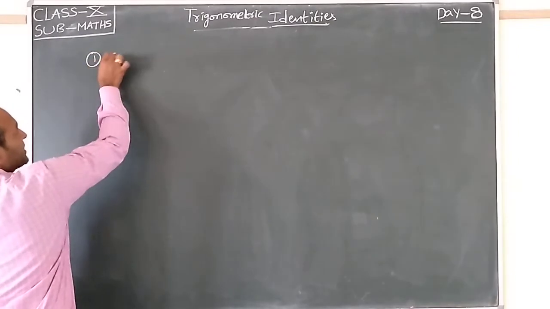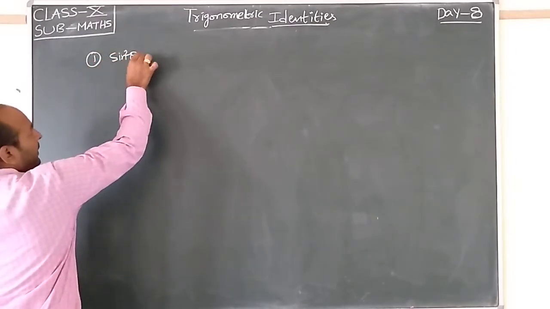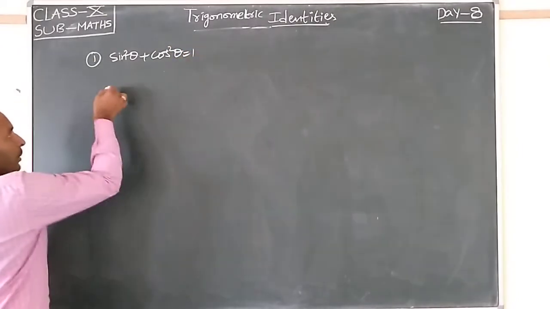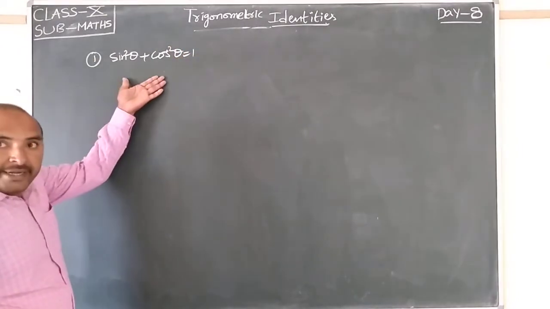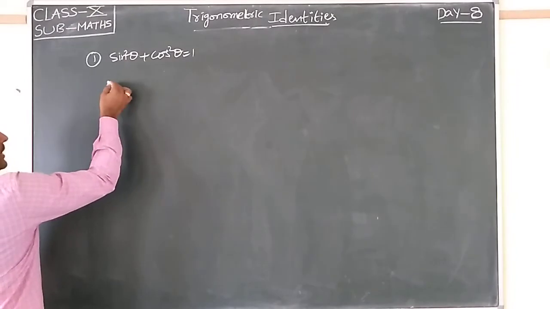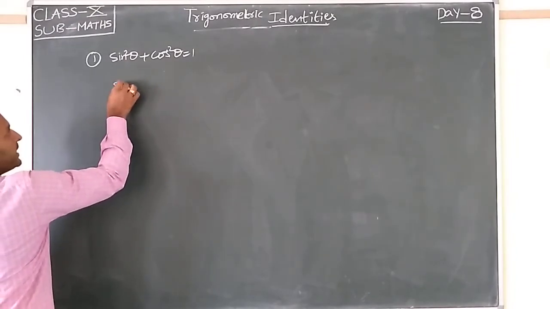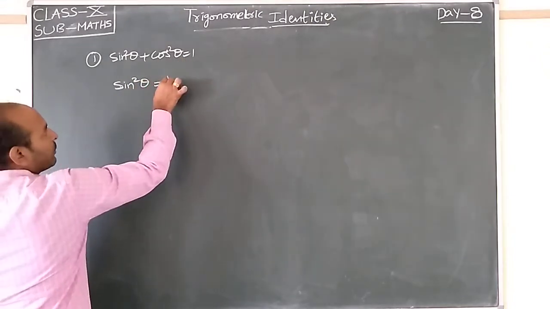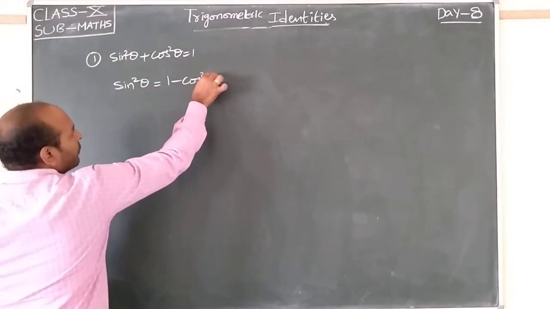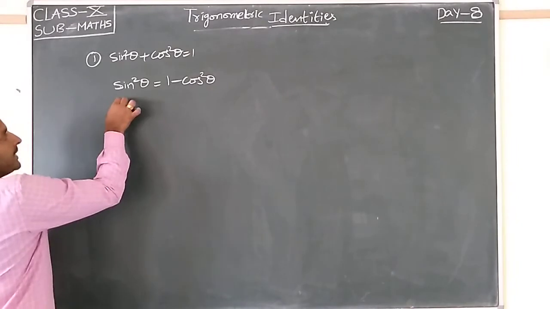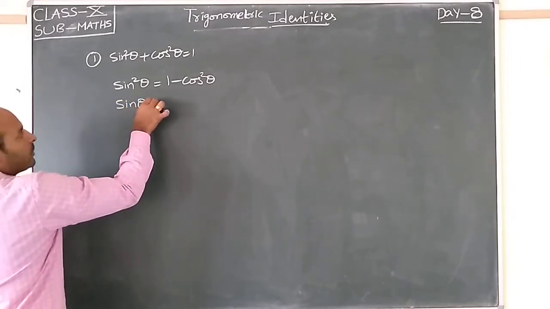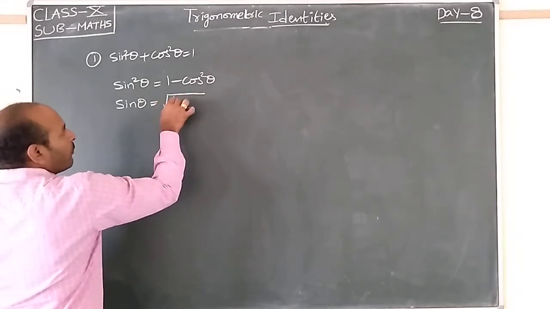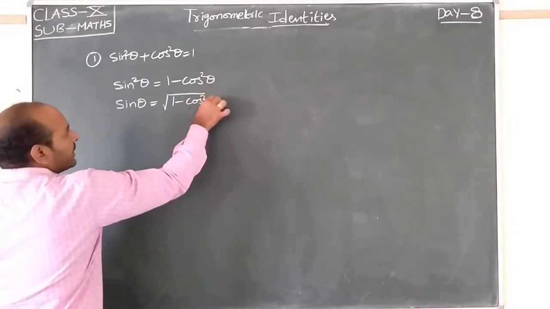The first identity is sin square theta plus cos square theta is equal to 1. How can we simplify this identity? You can write sin square theta is equal to 1 minus cos square theta, and sin theta is equal to the square root of 1 minus cos square theta also.